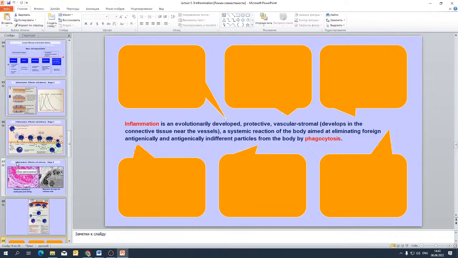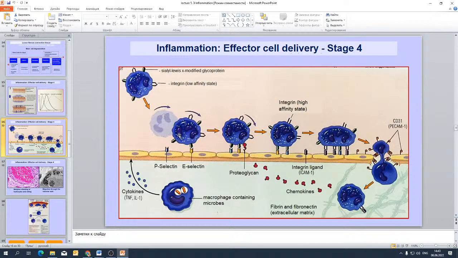But what changes? Leukocytes leave the bone marrow from the sinusoids and go into blood vessels.